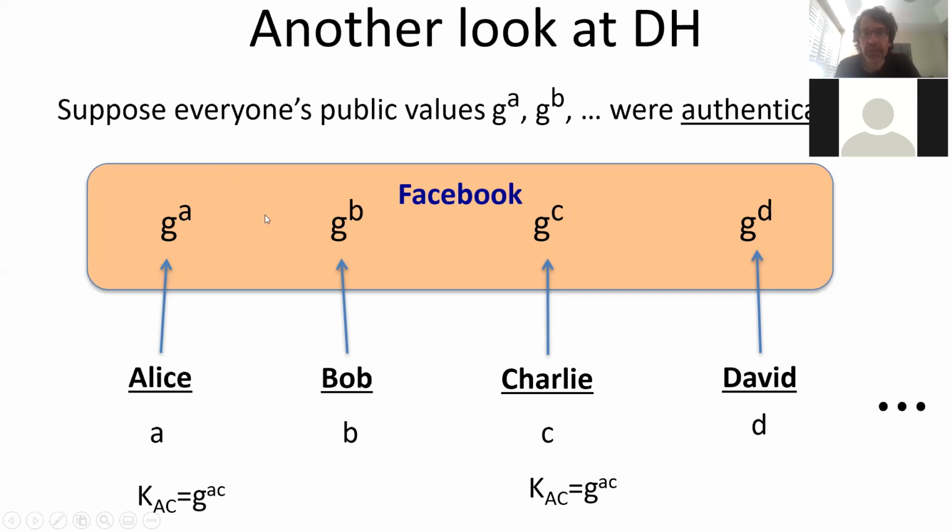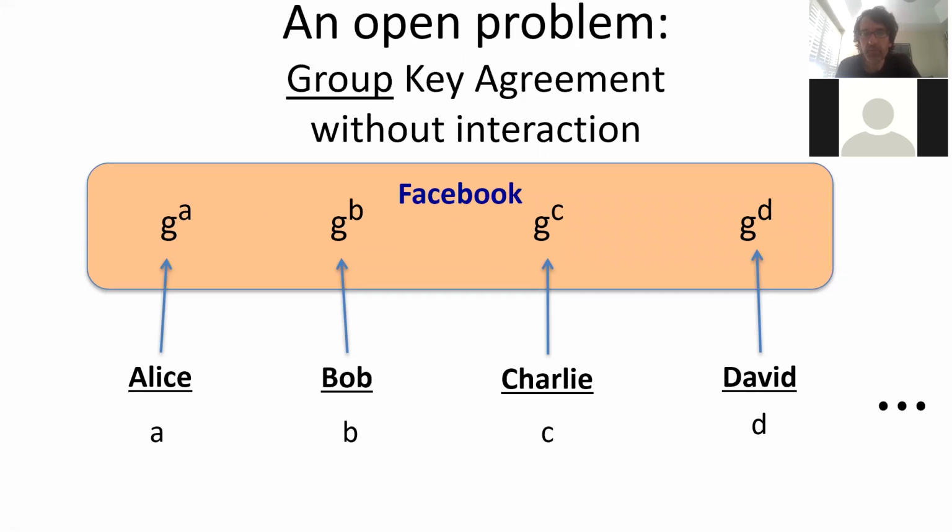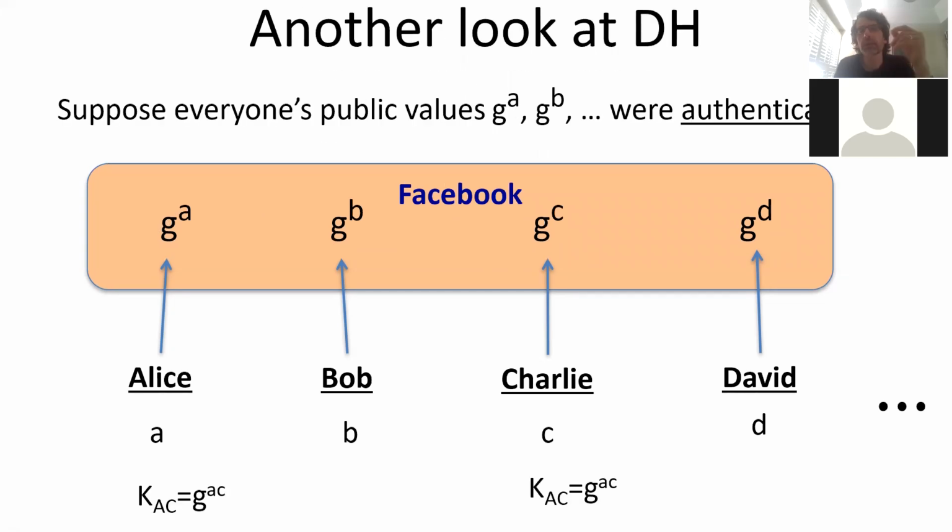But again, without authenticating these values, there is a man-in-the-middle attack, right? The same attack we had before. So let's say that we trust some authority, okay?